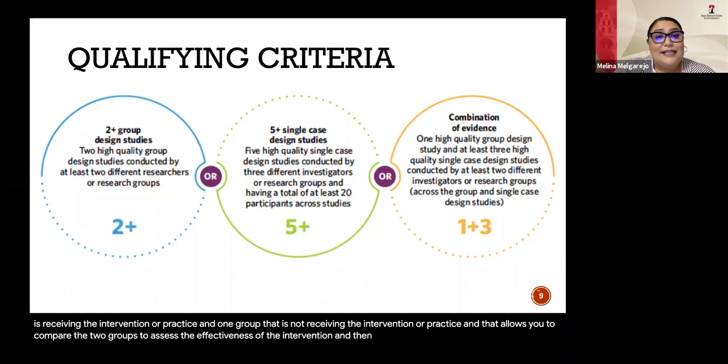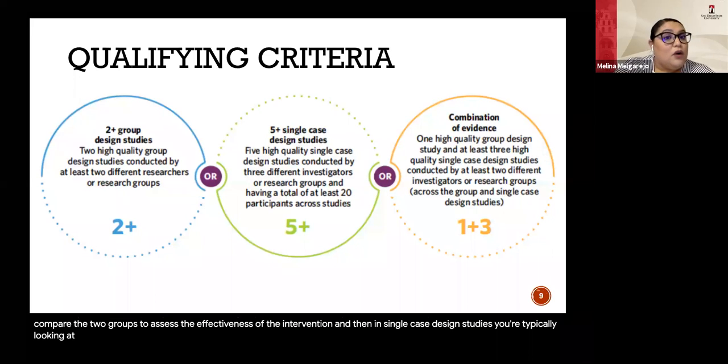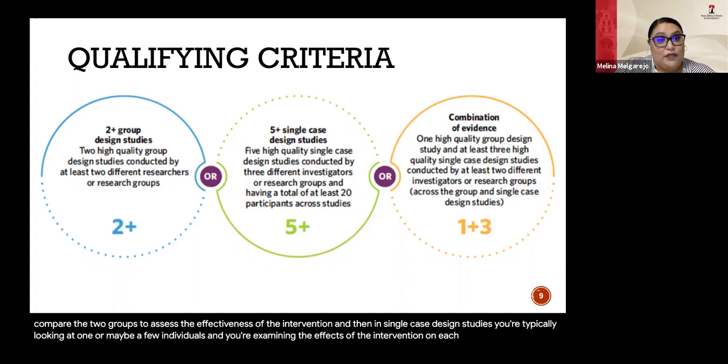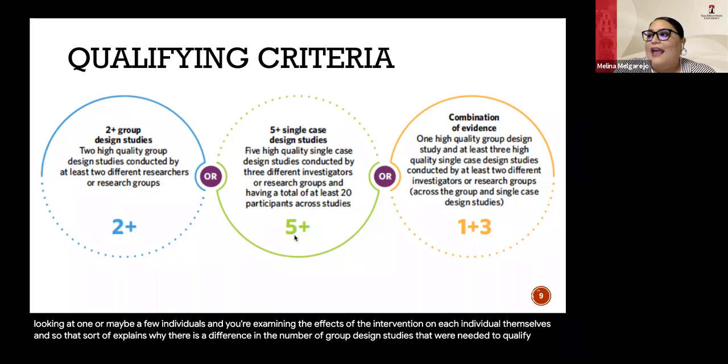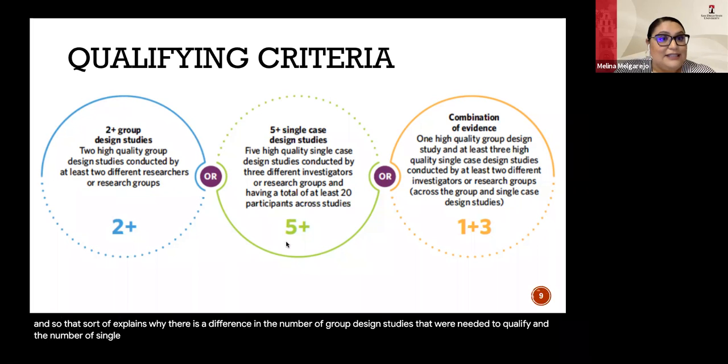And then in single case design studies, you're typically looking at one or maybe a few individuals, and you're examining the effects of the intervention on each individual themselves. And so that sort of explains why there's a difference in the number of group design studies that were needed to qualify and the number of single case design studies to qualify as an evidence-based practice.